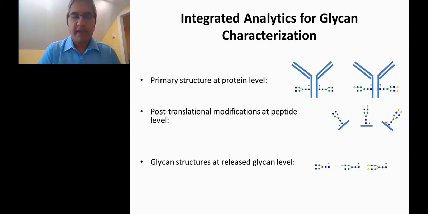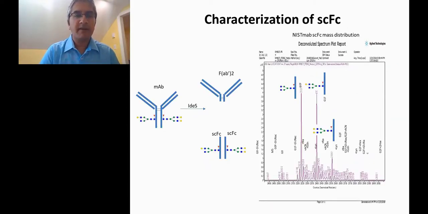With the NIST mAb, there is only one N-linked glycosylation site, which is the most common glycosylation site across most IgG1 antibodies, at the asparagine 300 position. This slide shows how you do the IdeS digestion to separate the Fab from the Fc.